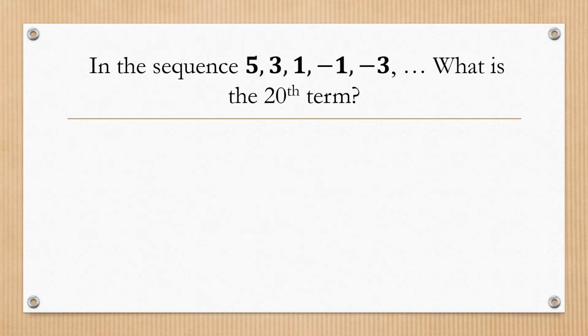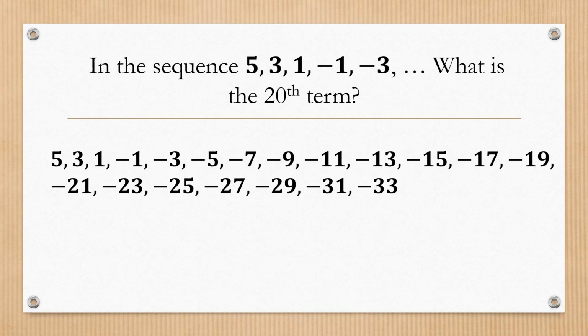Using the sequence that we obtained from the previous example, what is the 20th term? We can obtain the answer by constantly adding -2 to the preceding term until we reach the 20th term. So that we have -33 as the 20th term.